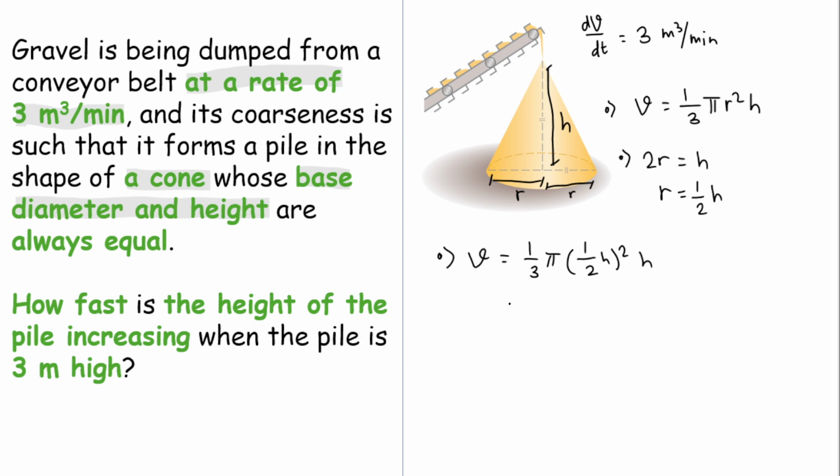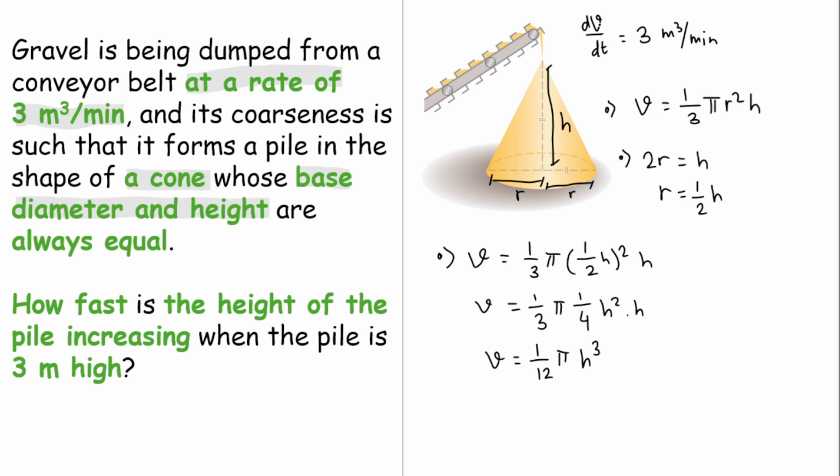So I have 1/3 multiplied by pi multiplied by 1/4, and then h squared multiplied by h. So we will have the volume V is equal to 1/12 pi h to the 3rd power. And that is the final volume formula.